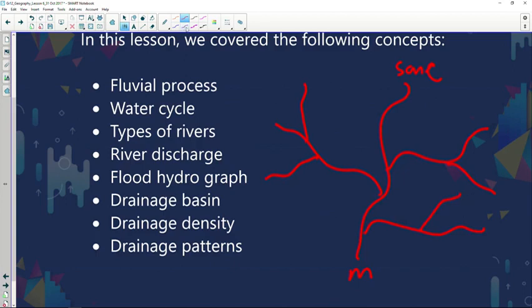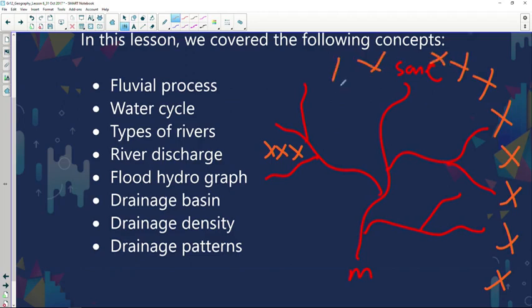The high-lying areas that separate one tributary from another is known as your interfluve. What separates one drainage basin from another is a high-lying area known as a watershed.